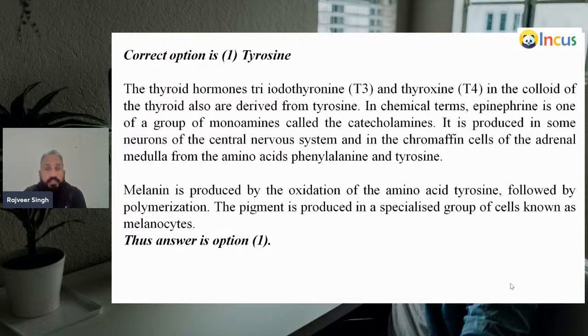It is produced in some neurons of the central nervous system and in the chromaffin cells of the adrenal medulla from the amino acids phenylalanine and tyrosine. Melanin is produced by oxidation, especially of the amino acid tyrosine, followed by polymerization. The pigment is produced in specialized cells known as melanocytes. So tyrosine is the right answer.